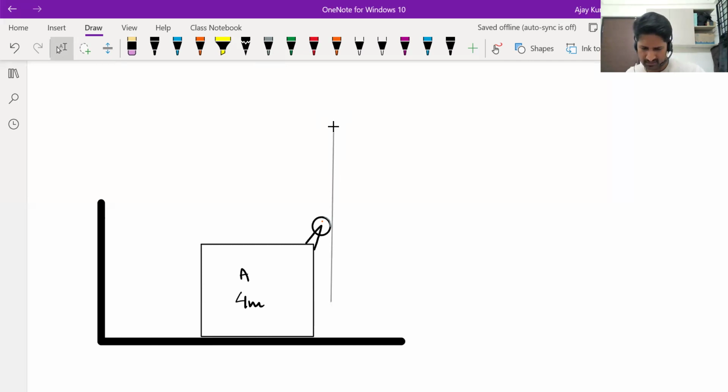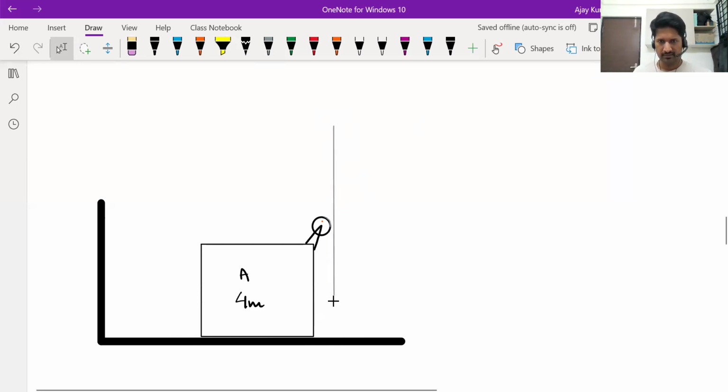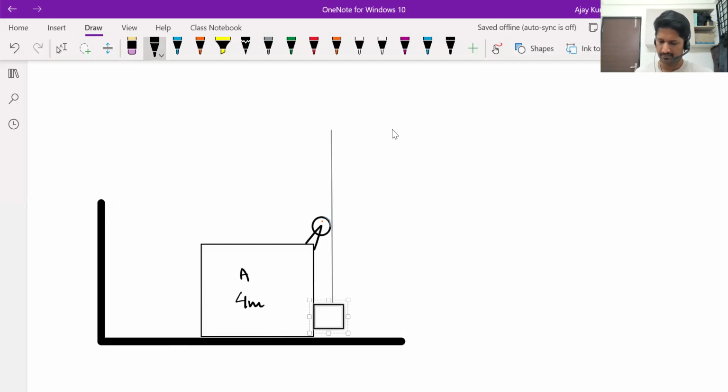The string is just touching the pulley. It's not making any angle. Does it appear vertical? Let me adjust. Somewhat like this. The small block is connected to the string. This is the situation.